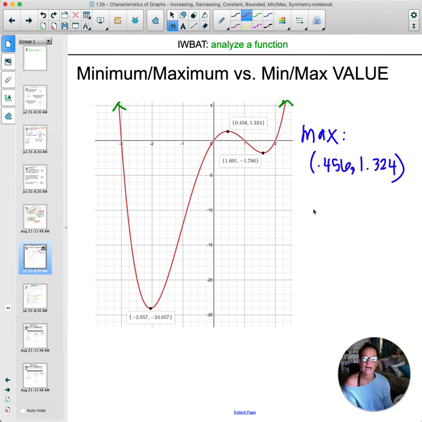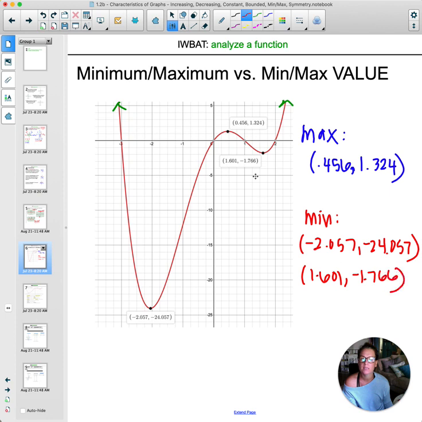And then if I asked for the local mins, you would name them. So you would put the point negative 2.057, comma negative 24.057, and 1.601, negative 1.766 for this one.